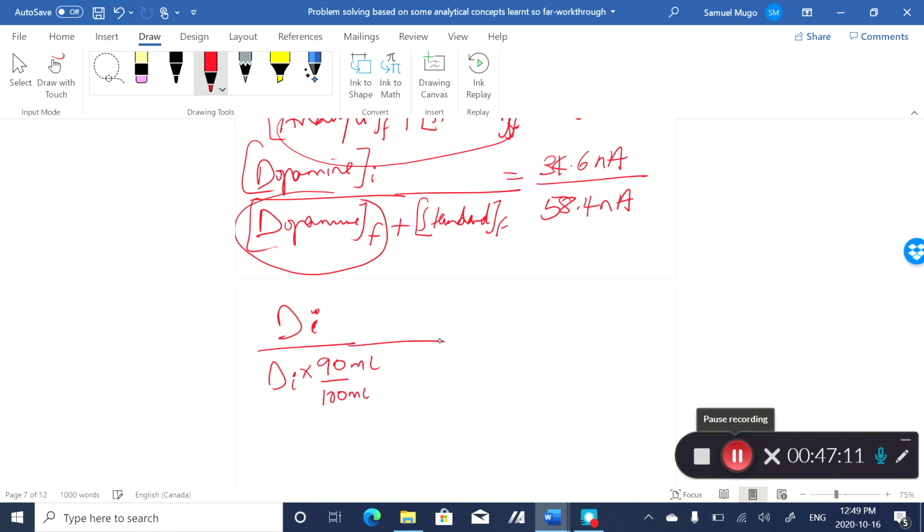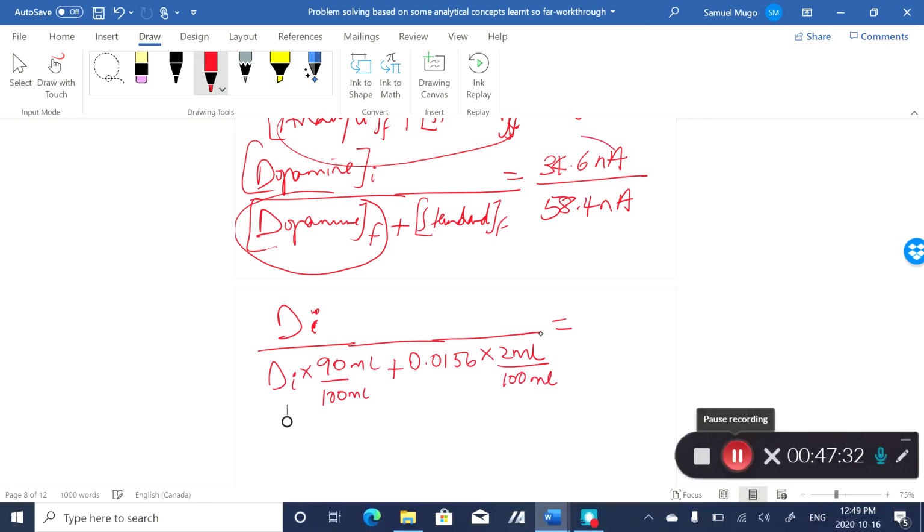And then you can see the standard, its concentration, again it was diluted, was 0.0156, and you had 2 mL of that, so volume initial divided by volume total, which is 100 mL.